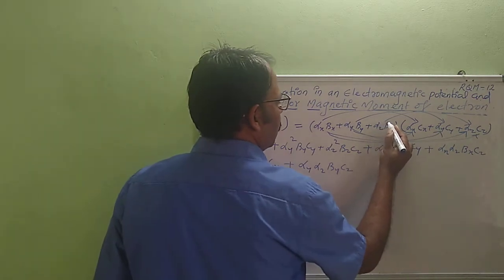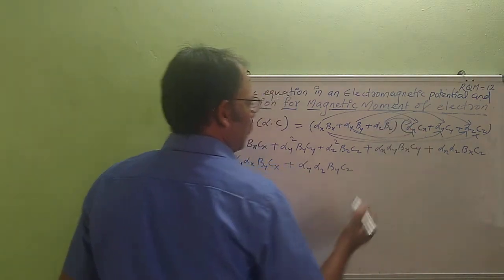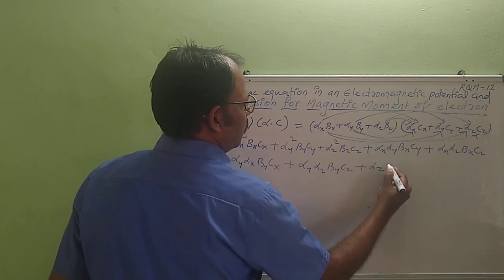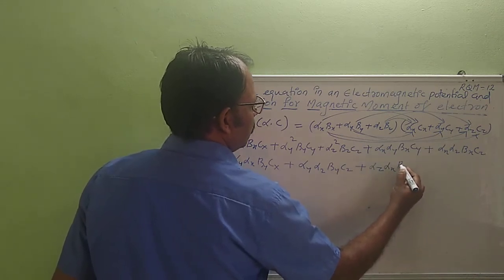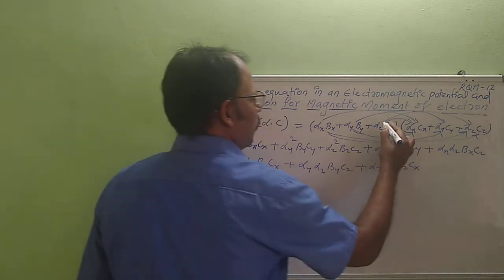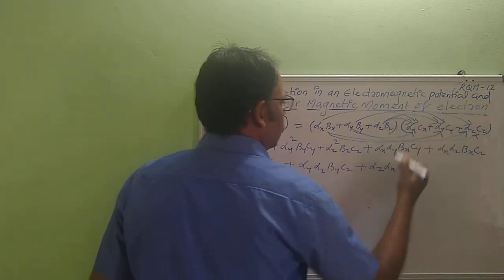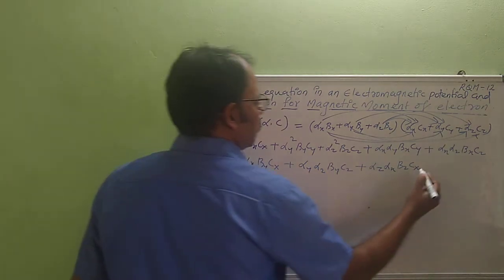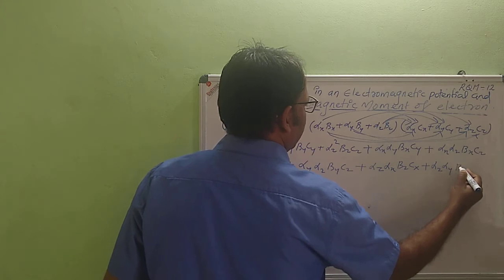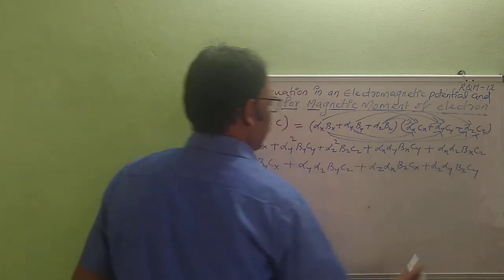Alpha z Bz with alpha x Cx gives alpha z alpha x Bz Cx, and with alpha y Cy gives plus alpha z alpha y Bz Cy.